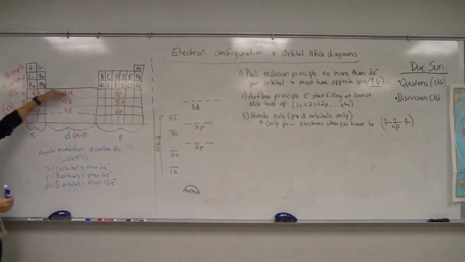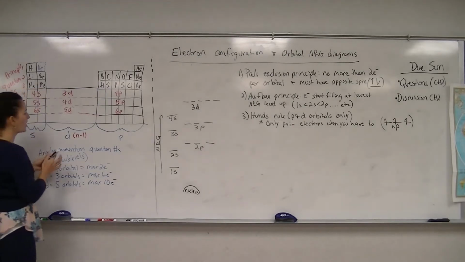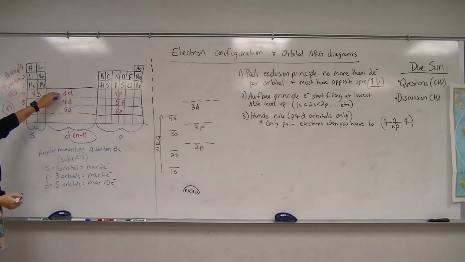When we get to level 4, principal quantum number 4, we hit the d's for the first time. So it's still 4s because we're in period 4, but the d's are 1 less than the period they're in. So that's going to be 3d. If we're in period 5, the d's are going to be 4d, 1 less, and so on and so forth.